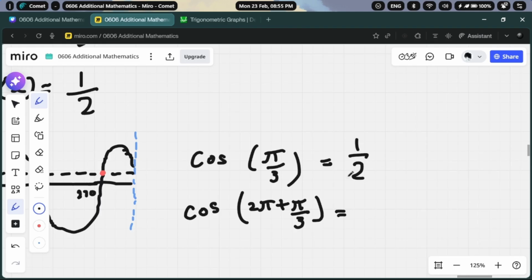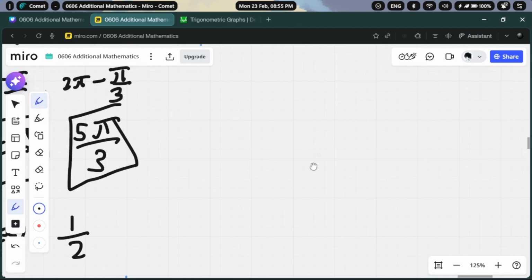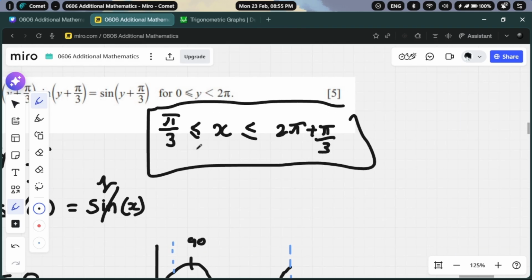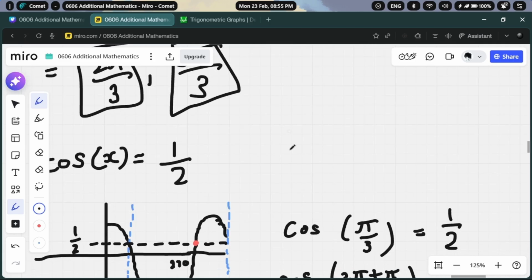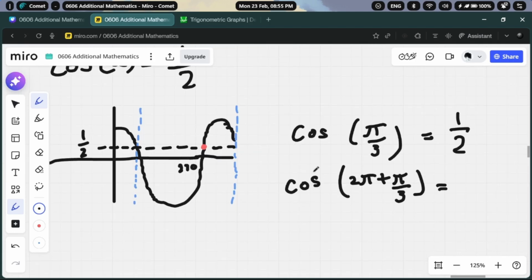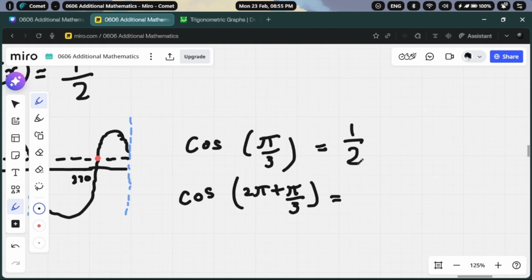Okay, so that's a good sign. We're saying x is greater than or equal to pi over 3. So that's a value you consider right away. So pi over 3, keep that in mind. Then cosine of 2 pi plus pi over 3, that would give you 1/2 as well.